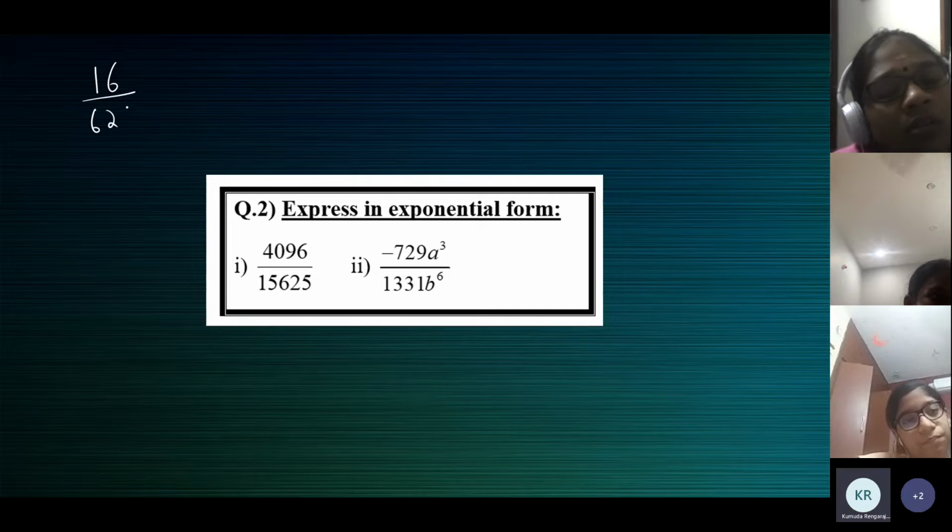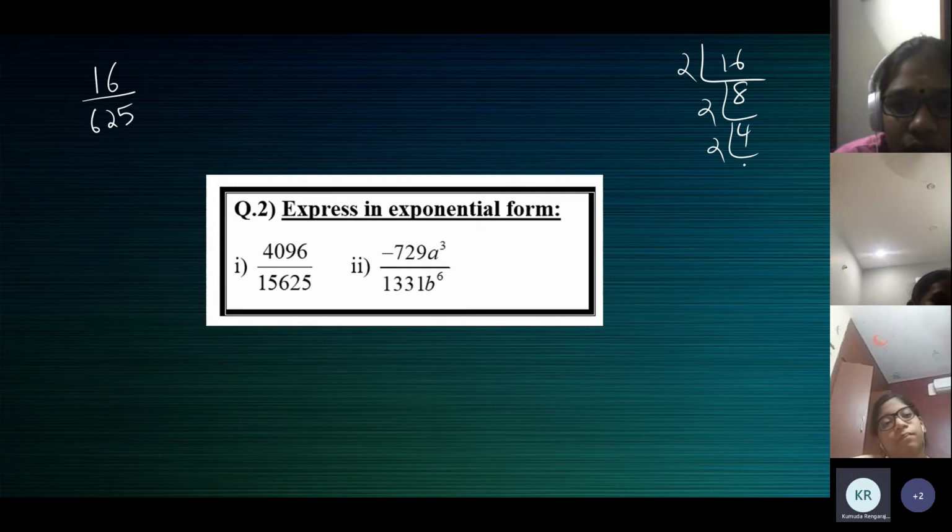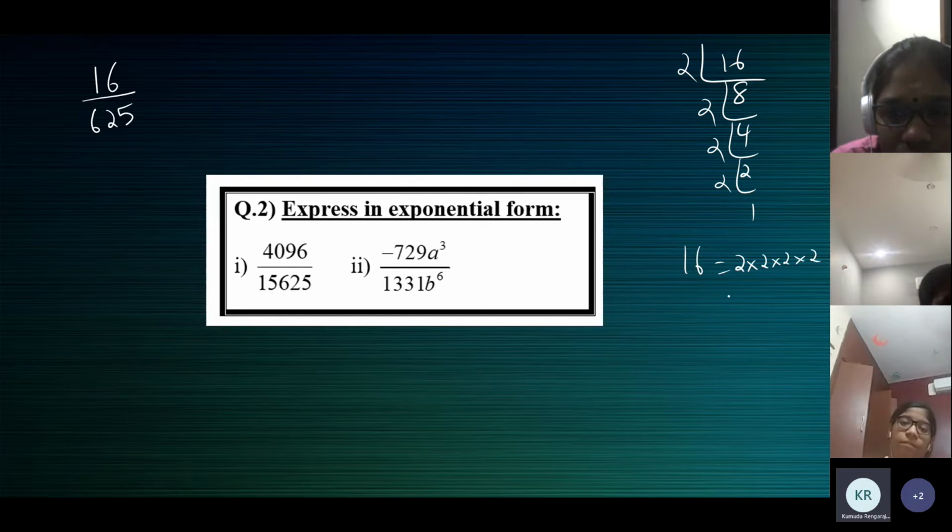Supposing we have 16 by 625 and we need to write this in exponential form. We know 16 is 2 into 2 into 2 into 2, that is 2 multiplied with itself 4 times, or 2 to the power 4.